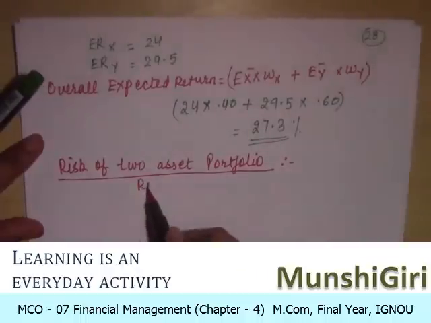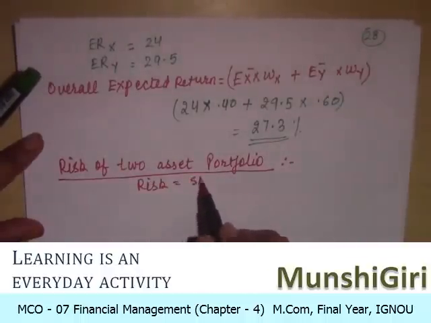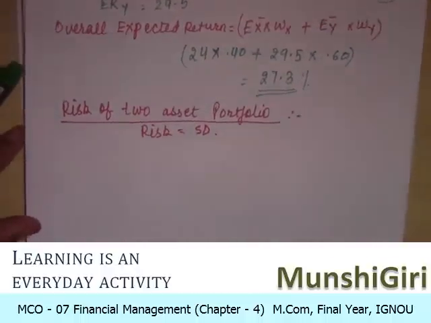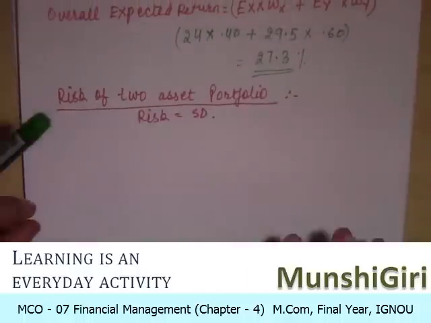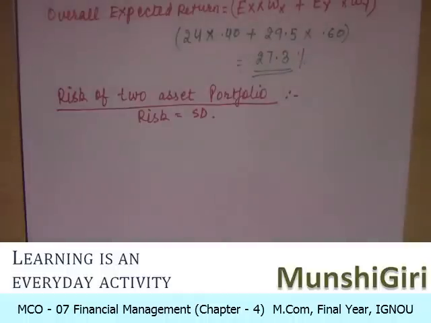When there is a perfect positive correlation, that is correlation plus 1, the formula for standard deviation is different, and in case the correlation is other than plus 1, the formula is different. First of all we're going to write down the formulas and then we'll do a comprehensive solution on it.